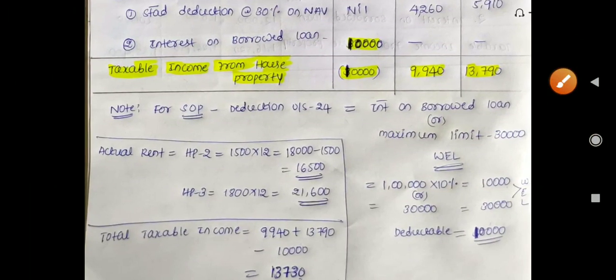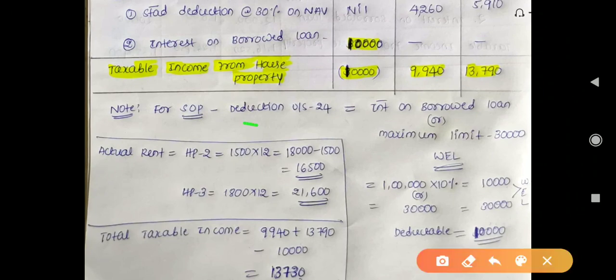As I explained, if any house property is occupied by the owner for his own residence, NAV is to be taken as nil, and deductions under section 24 are allowed. Standard deduction is not applicable, but interest on borrowed loan is applicable. Even for that you have to compare with the maximum limit or ceiling limit. So here is the calculation.